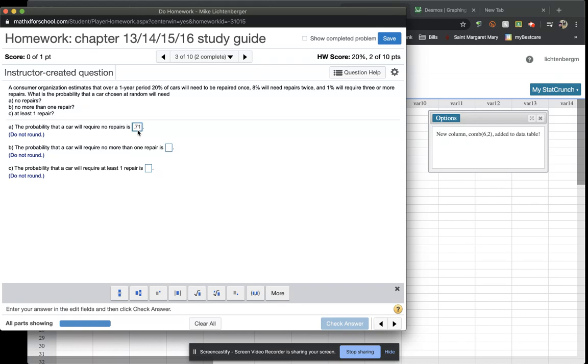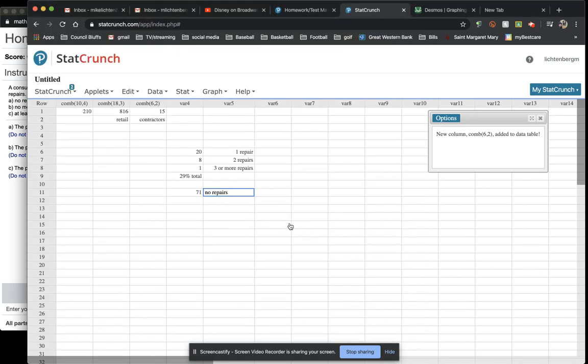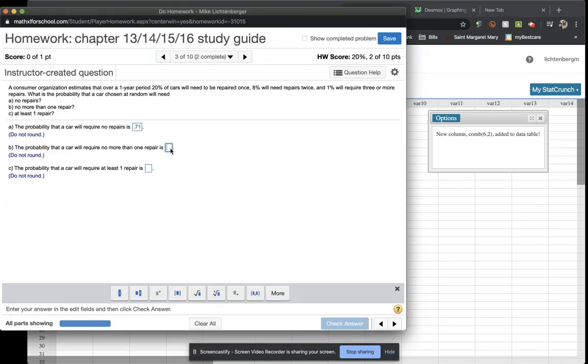The probability that a car will require no more than one. Okay, no more than one means one or less. So that would be, in this case, 20% and 71%, which would be 91% or 0.91.